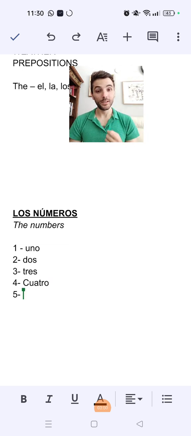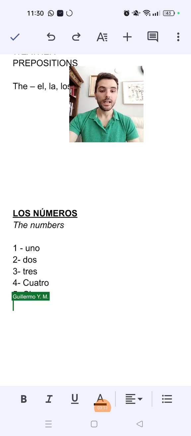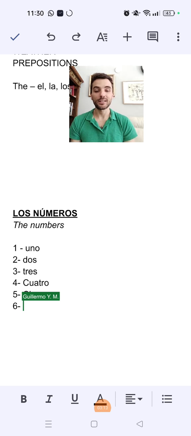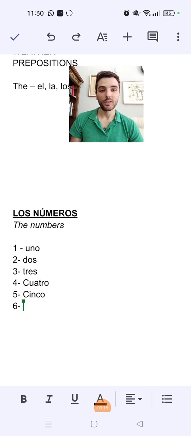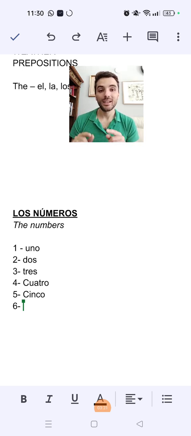Next number is cinco. Again, remember, I'm from Madrid, so I say th. Some people say s. Cinco. Okay. Now here it starts a little bit tricky because we are mixing the E and the I. So this is the number seis. Seis.